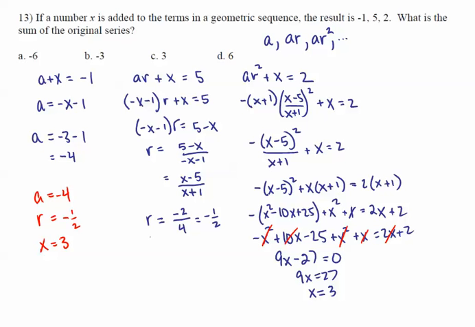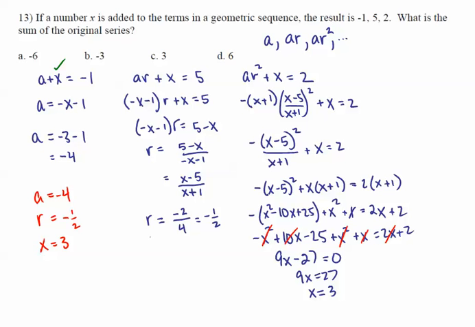Now I should just check these out to make sure that they work. In the first equation, a plus x would be negative 4 plus 3, which is negative 1, and so that checks. In the second equation, a is negative 4, r is negative 1/2.